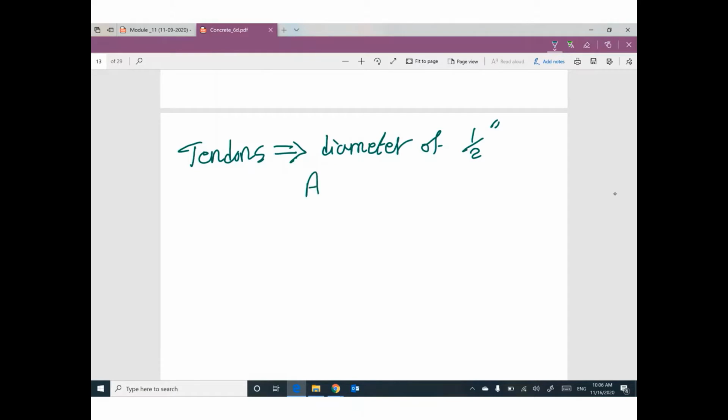The area of one tendon, I'm talking about the common tendons used in pre-stressing, equals 0.153 inch square. This area relates to tendons with this diameter.